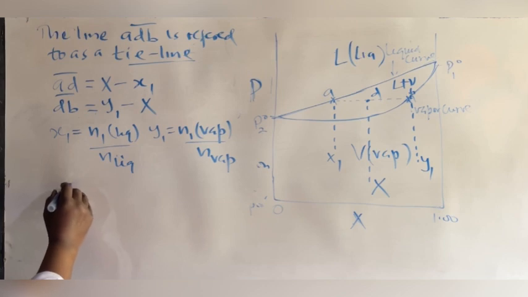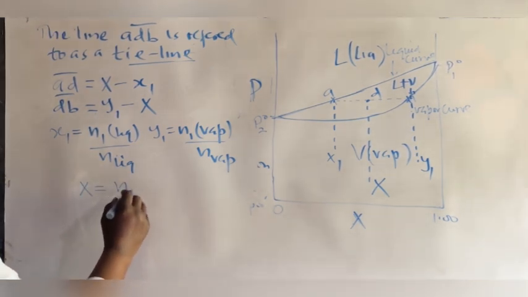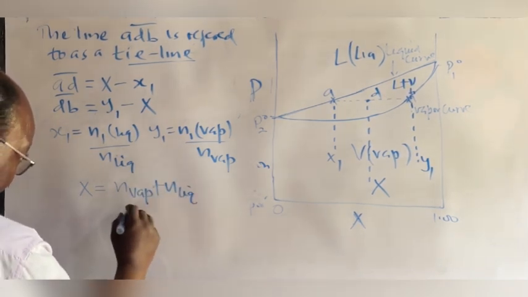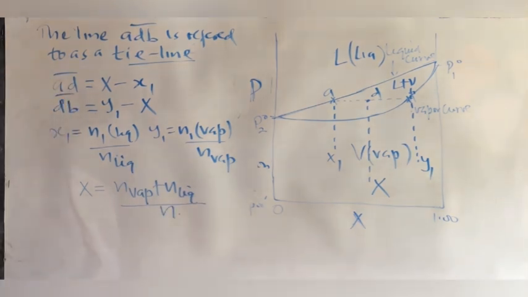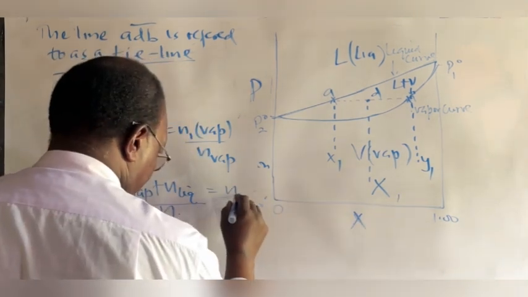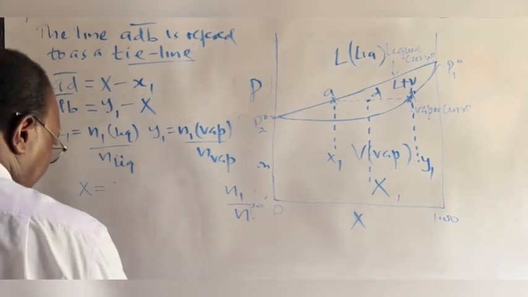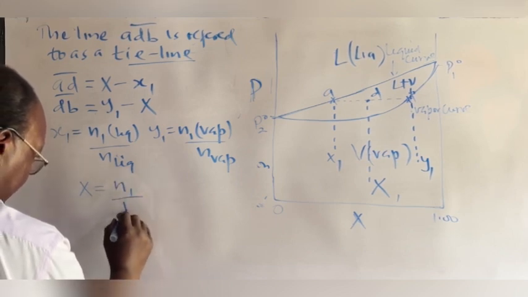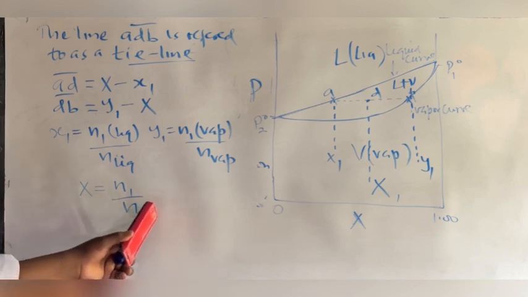And X is the number of moles of component 1 over N. Let's leave it as N1 over N, make our life easy, where N will be the number of moles of liquid plus the number of moles of vapor.